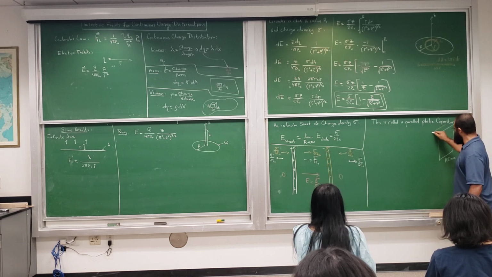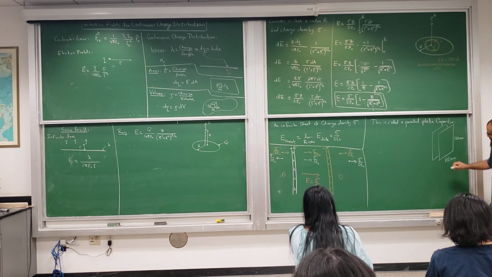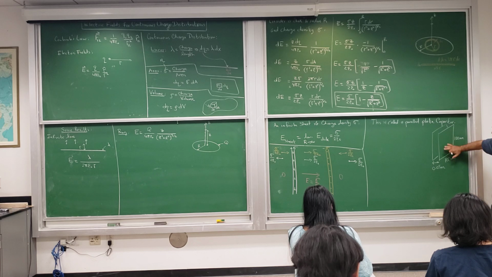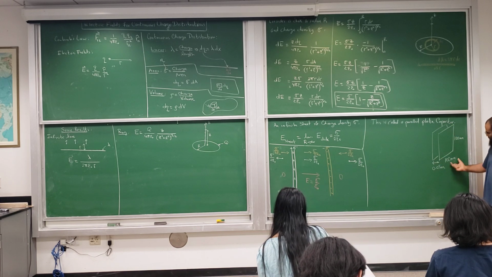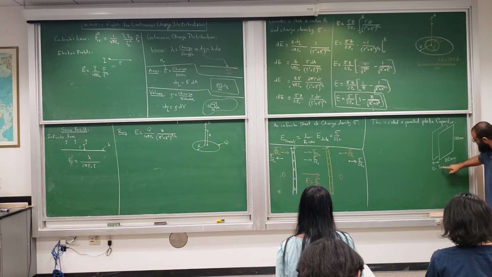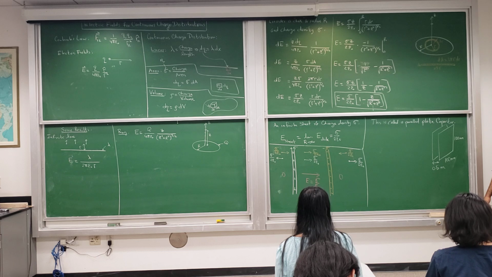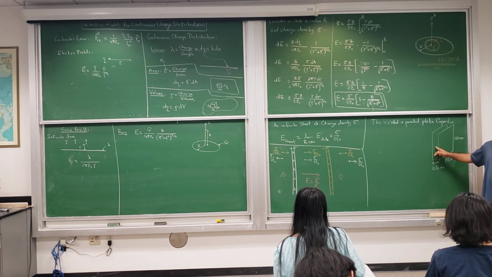And here's the other sheet, and let's say the distance between them is half a millimeter. Notice the dimension of the area is so much bigger than the space between them. It's like 200 times bigger, right? So that's infinite enough to use the approximation that there is field between them if they are both charged.